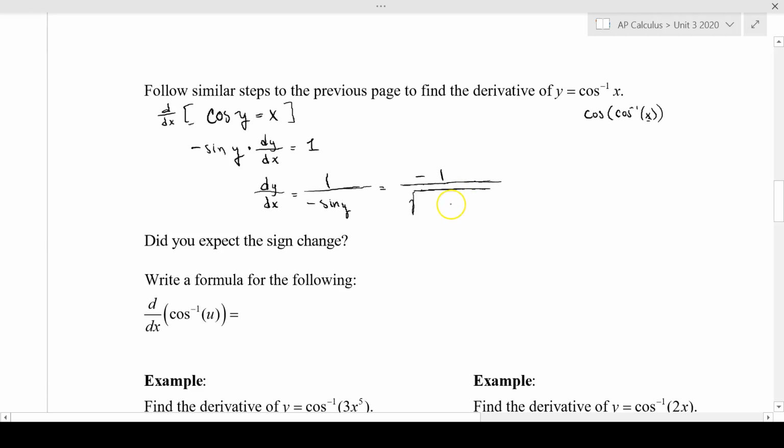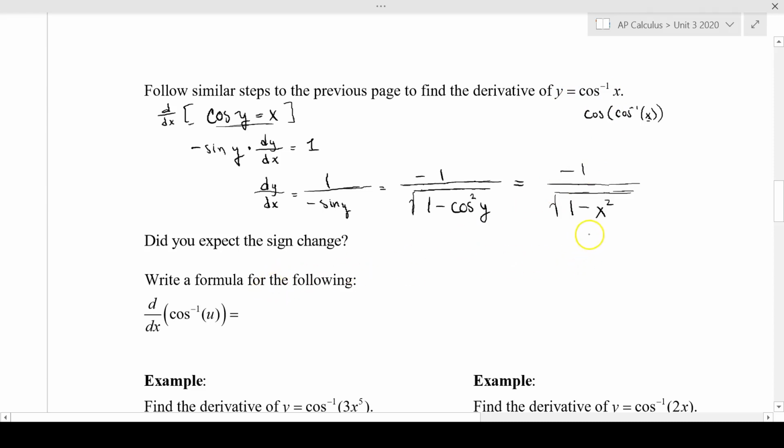So sine y would equal the square root of 1 minus cosine squared y, right? Now by substitution, we know that cosine y equals x. We set it up here, that cosine y equals x. So that's just going to say x squared. So negative 1 over the square root of 1 minus x squared. And that would be the derivative of cosine inverse x.